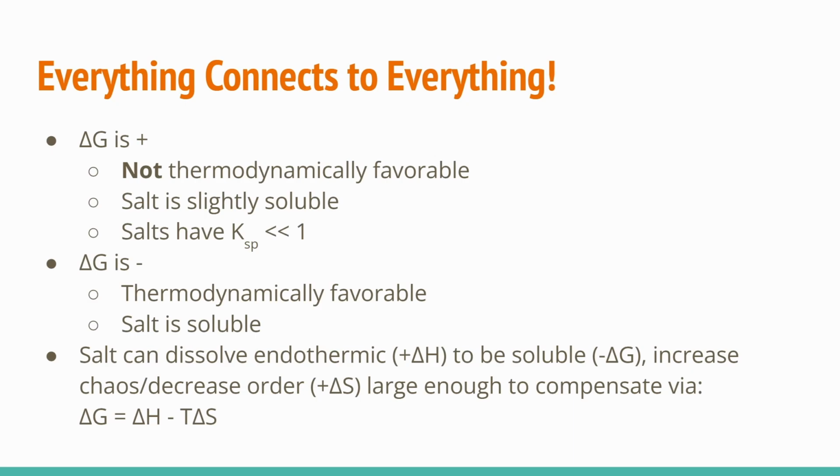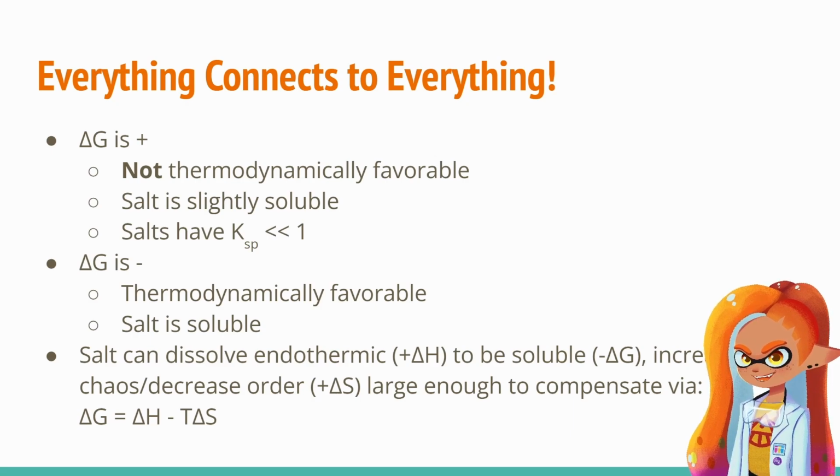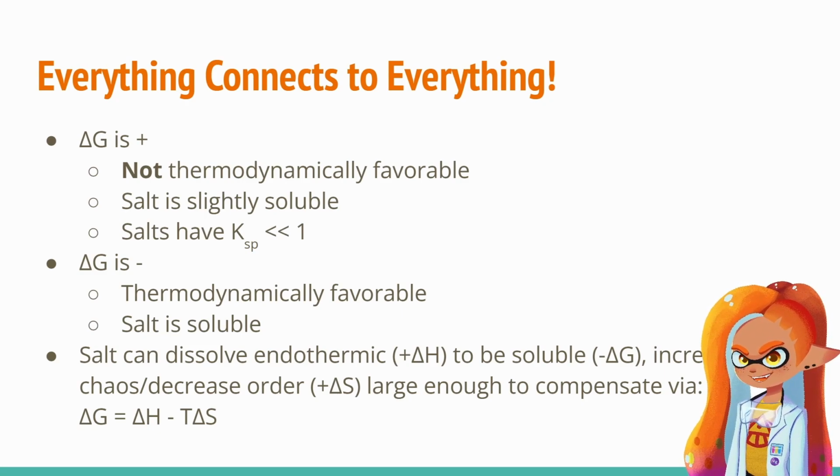If that disorder, that randomness, is so big compared to how much heat energy you needed to input in the process, that means your delta G can be negative. You want to make sure that you can apply that. Sometimes College Board will ask a question on an FRQ that says, can this happen? Well, yeah, if you have enough of the craziness of the particles and their movement. You want to make sure you can explain that.